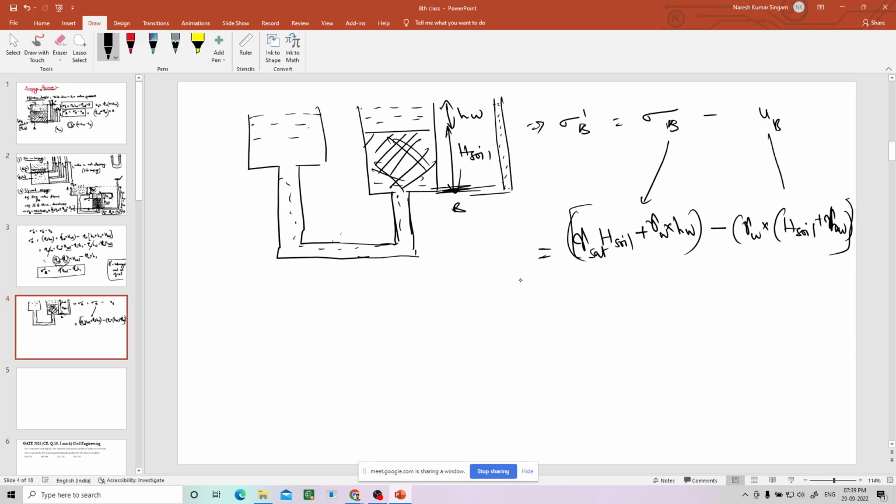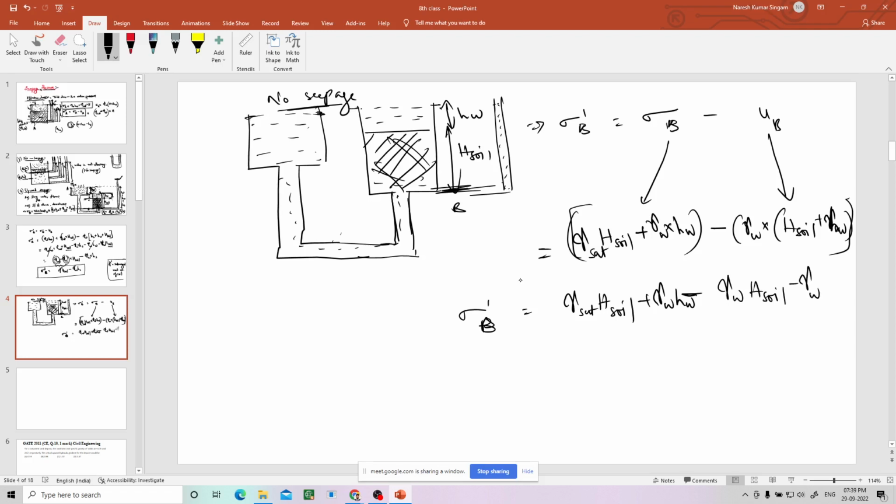Okay, this one. So now this is actually no seepage condition because the water level is same and then water will not flow. So this is no seepage condition basically. Okay, so gamma sat H soil plus gamma W HW minus gamma W H soil minus gamma W HW.